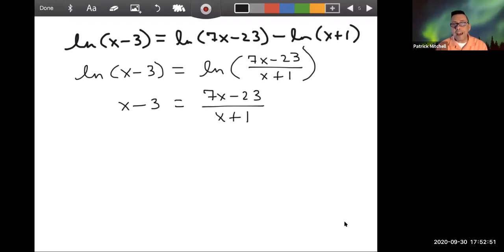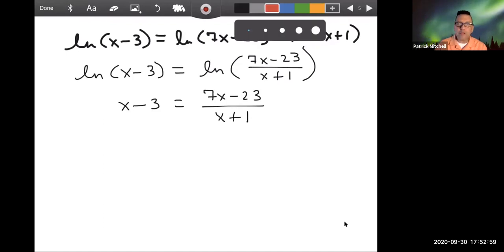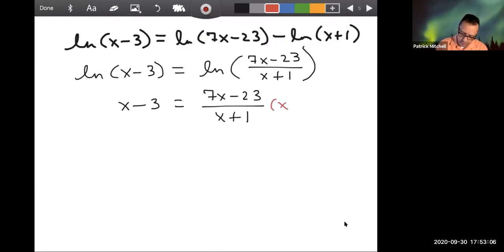Okay, so this is actually a rational equation. Fancy, fancy. So the way that we solve rational equations is we multiply both sides by the LCD, which in this case is just x plus 1. So I'm going to multiply both sides by x plus 1. Notice that this really needs to also be in parentheses.